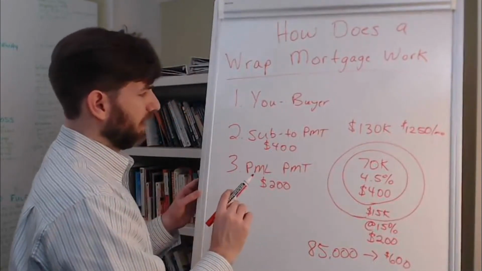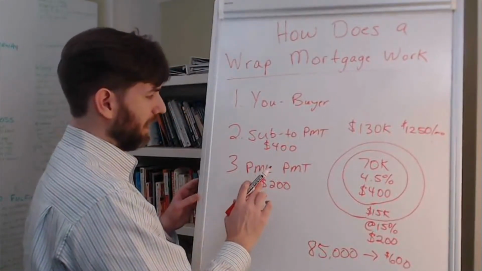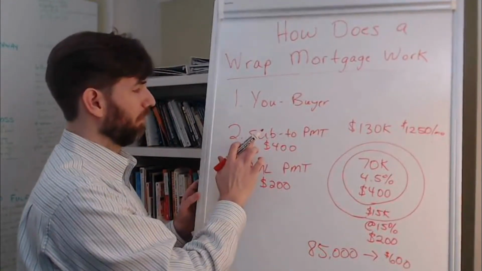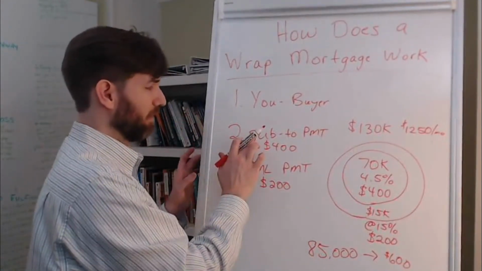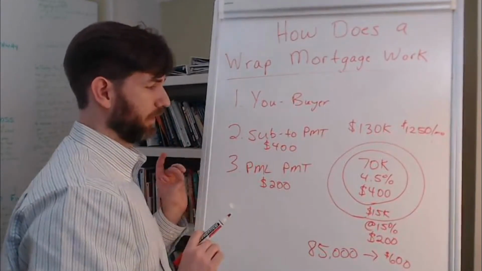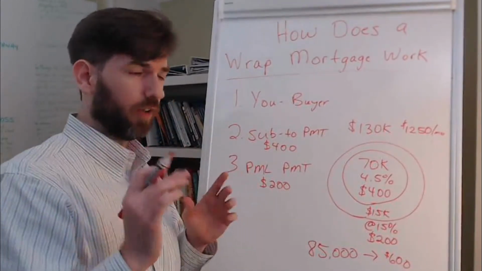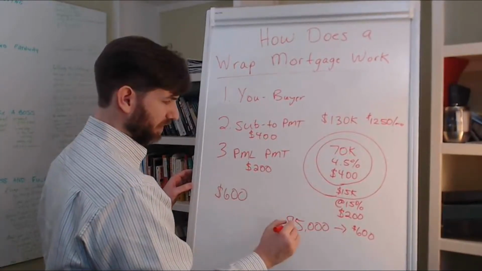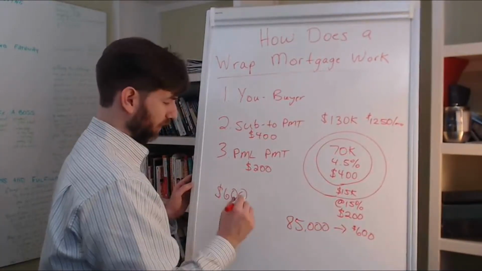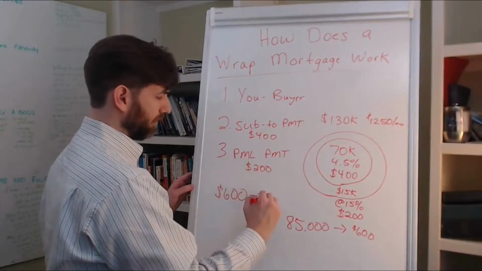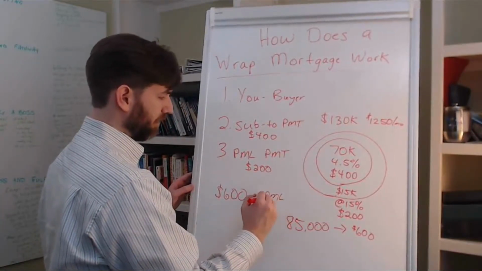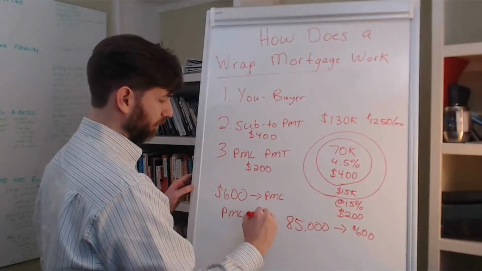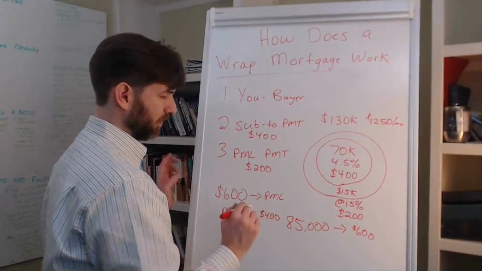So what you could do is you could make a payment of $200 to this private money lender, and make a payment of $400 to your sub 2 lender. The other alternative is you can make a $600 payment for this total $85,000 wraparound mortgage to your private money lender, and then your private money lender could make the sub 2 payment for you. Those are the two options.